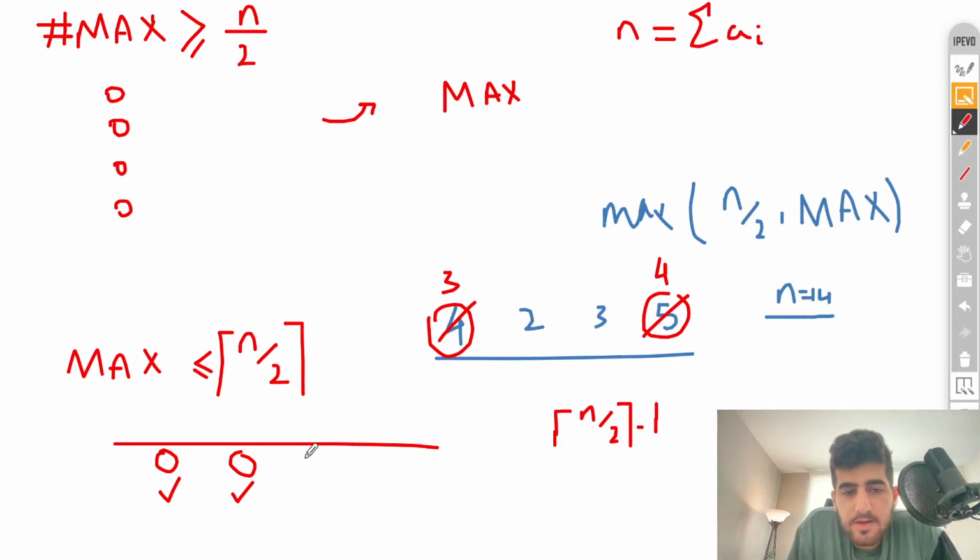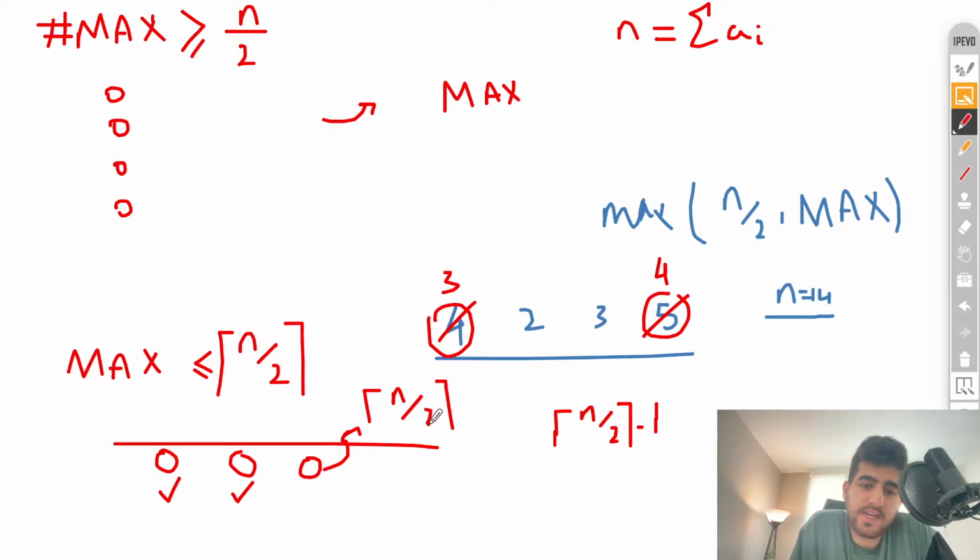And the third number cannot be greater than n half minus 1. Why? Because it means that it was initially n half, because it hasn't changed. If it is greater than n half minus 1 and it wasn't greater than n half, it means that from the beginning it was n half. And because these two numbers were the maximum numbers, they need to be at least n half too.